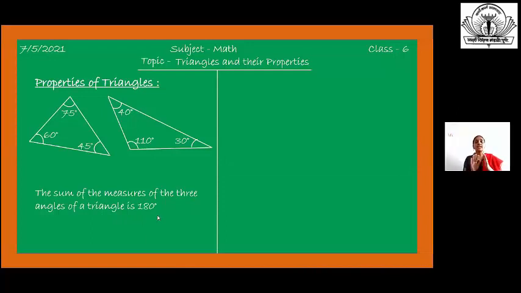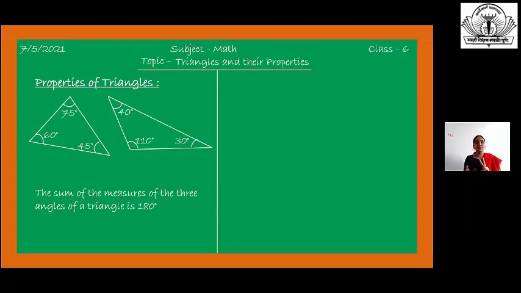You take any kind of triangle, measure the three angles, and add them, it is always equal to 180 degrees. Each triangle satisfies this property.